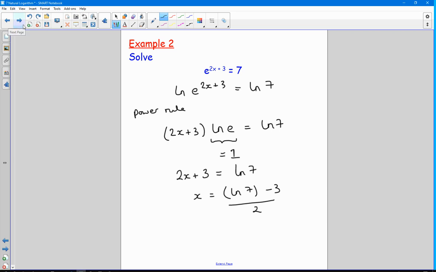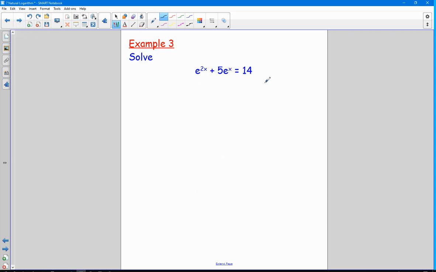Let's look at one final example, which is this one, which you might be thinking, I've seen this before, it might look a little bit like a quadratic. So let's use a substitution first of all. Let's call y equal to e to the x. So I can rewrite this as y squared plus 5y equals 14.